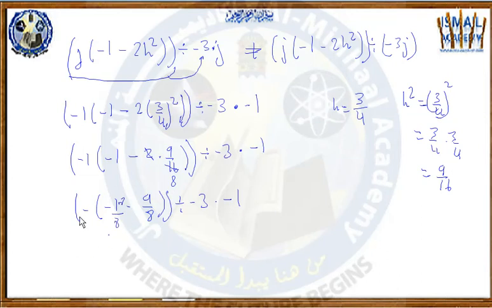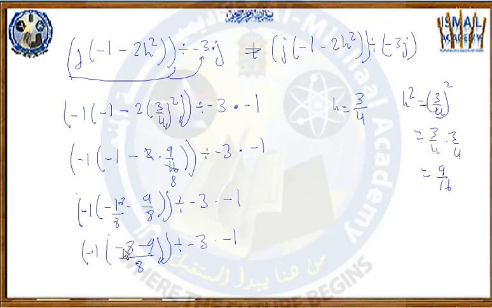So we got, this is minus 1. Oh, minus 1 should be here. So I will have here minus 1 times minus 8 minus 9 over 8 divided by minus 3 times minus 1. Is that clear?